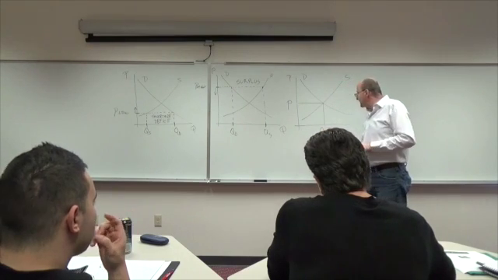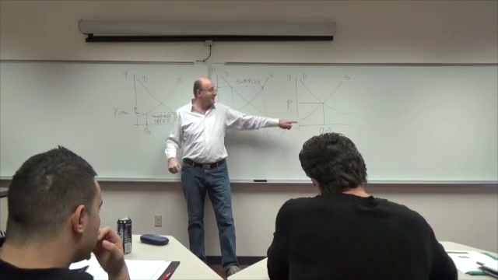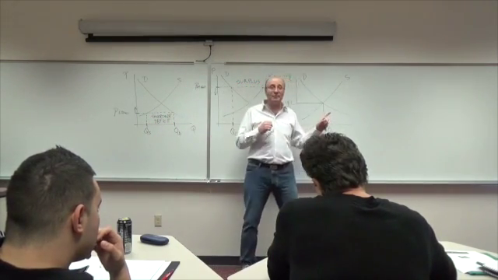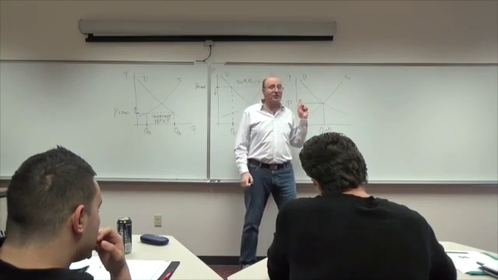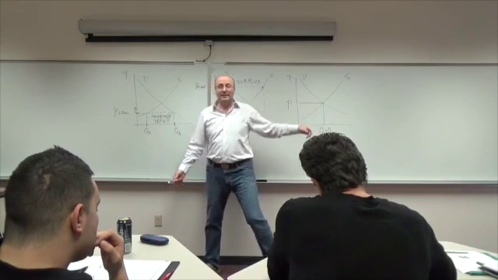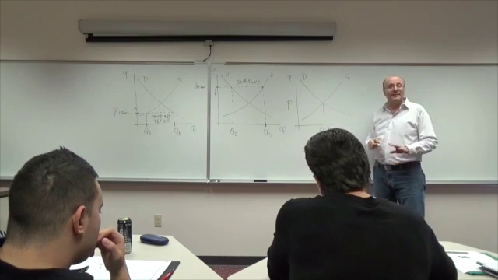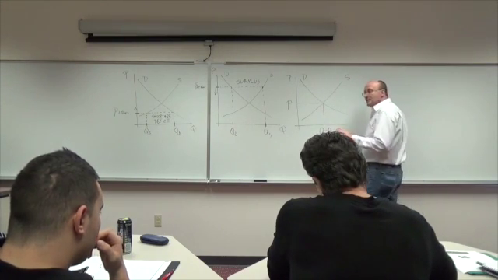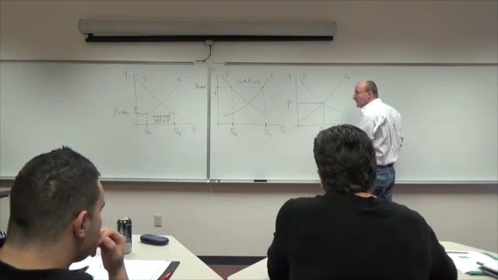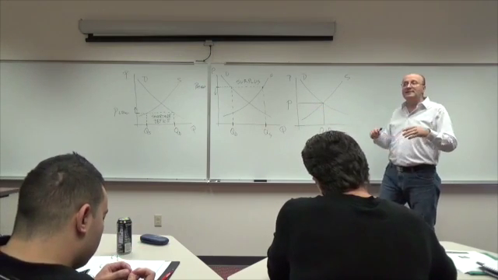So if they are equal, how much deficit is in that market? None. How much surplus? None. If there is no deficit, how much upward pressure is in that market? None. If there is no surplus, how much downward pressure is there on that price? None. See? Since at this price, quantity demanded equals quantity supplied, there is no upward or downward pressure on that price.